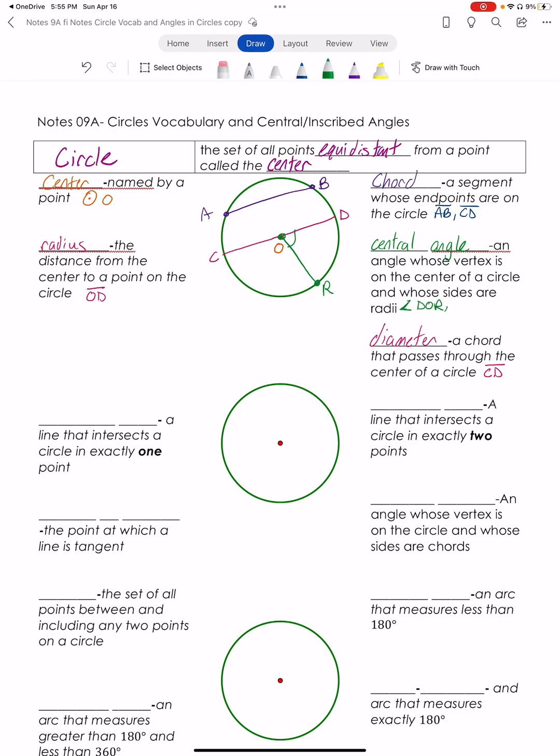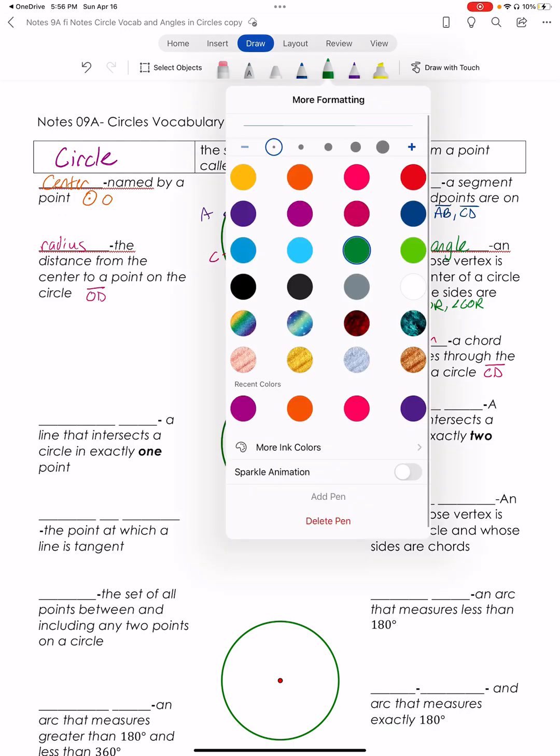It's an angle that is at the center of the circle, the vertex. Also, angle COR is a central angle. So, all right, like I've said all year, lots of vocabulary, the first unit.